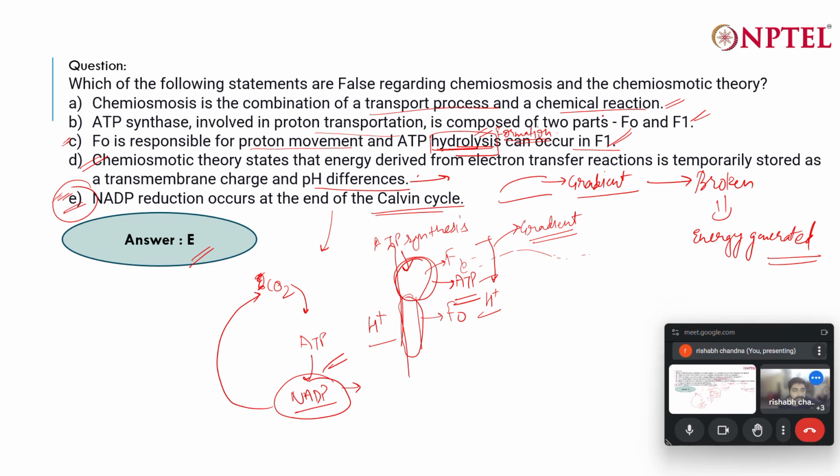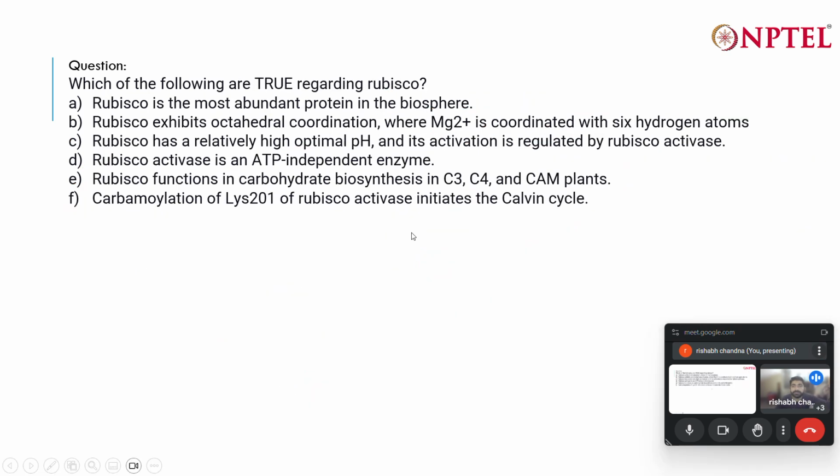Okay, any more doubts? Okay, so let's move on to the next question. Which of the following are true regarding Rubisco? That is an enzyme used in the Calvin cycle. So what can be the correct answer?